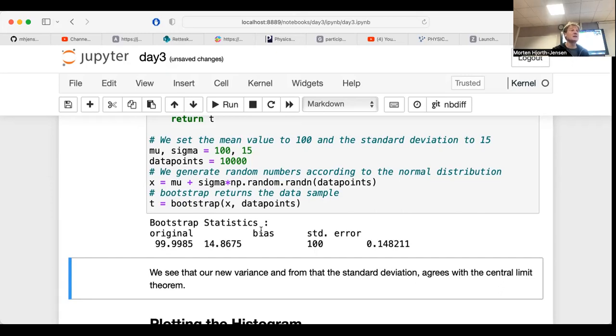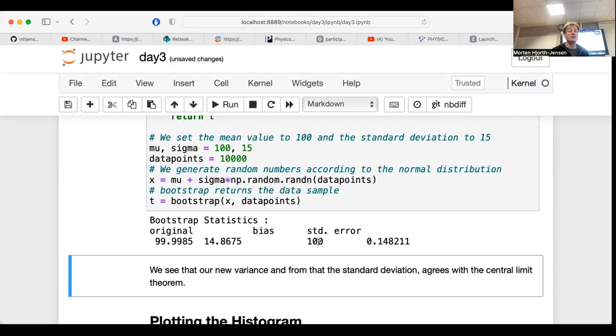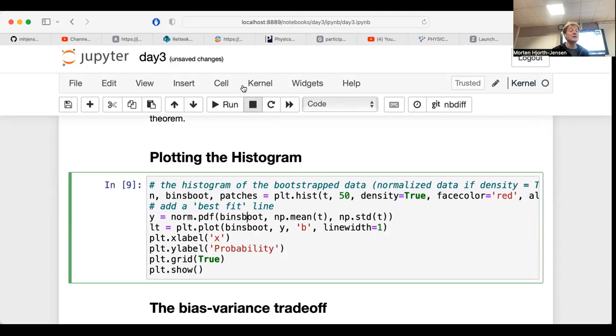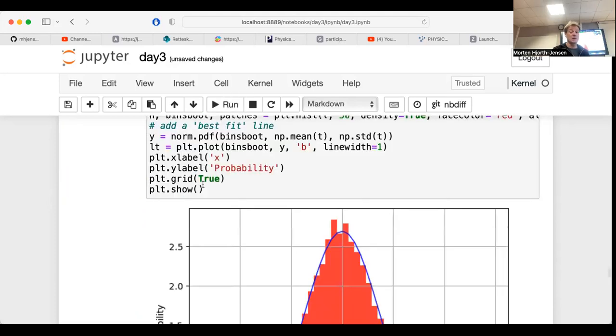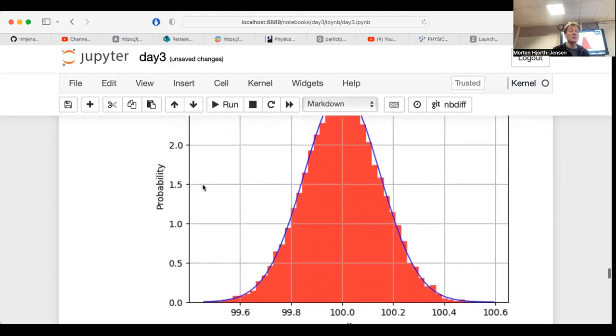So I've done this 10,000 times. So I actually can narrow down my uncertainty in the mean value. And you can see now that my mean value, instead of having a standard deviation of 15, which means that if you go 67% out here, you should have gone 100 plus minus 15, now in my case, it's 100 plus minus 0.115.